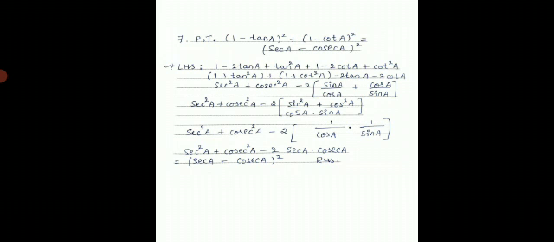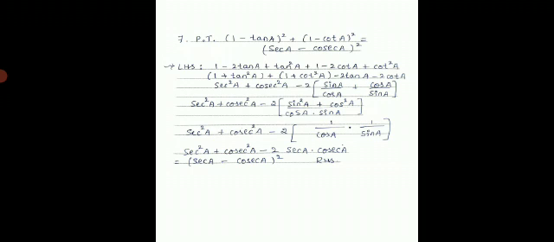Next question. Prove that 1 minus tan a the whole square plus 1 minus cot a the whole square must be equal to sec of a minus cosec of a the whole square.